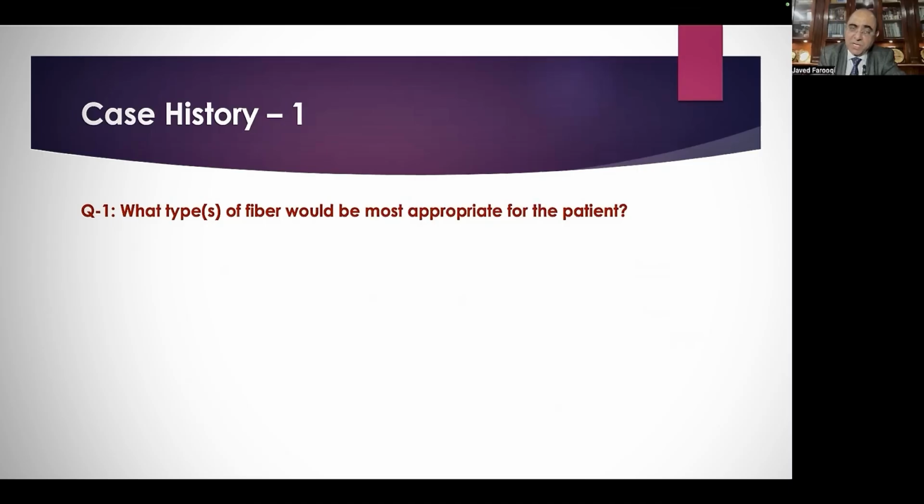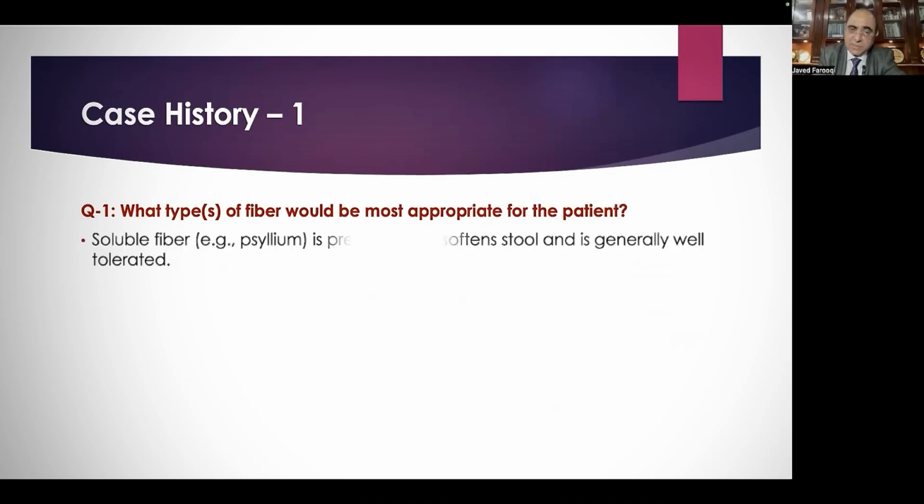In your opinion, what type of fibers would be most appropriate? You may write down the answers on paper or just make a statement in your heart. And let's see what the answer is.